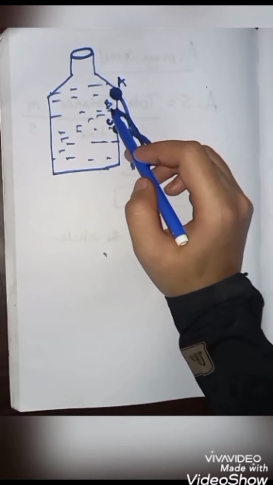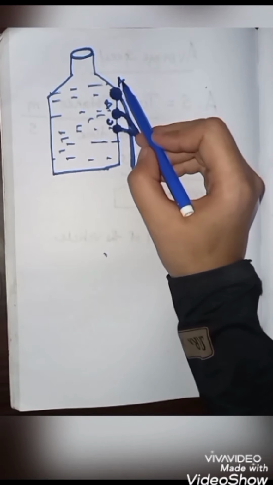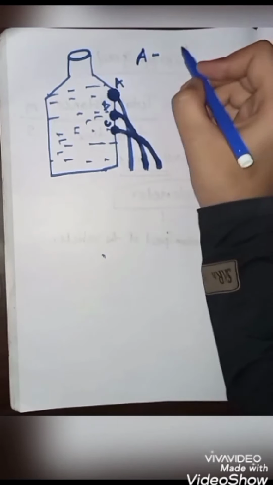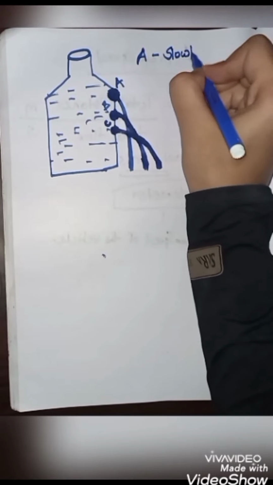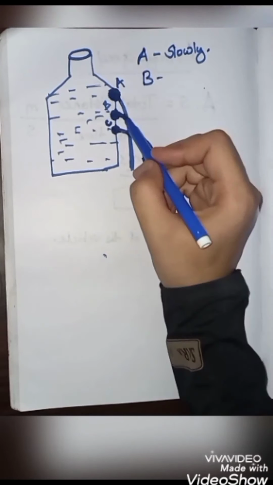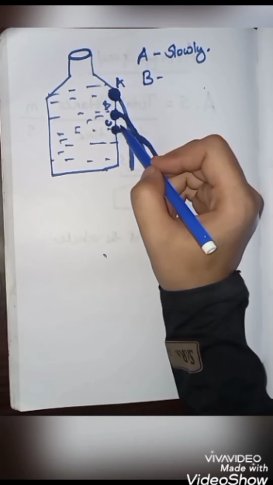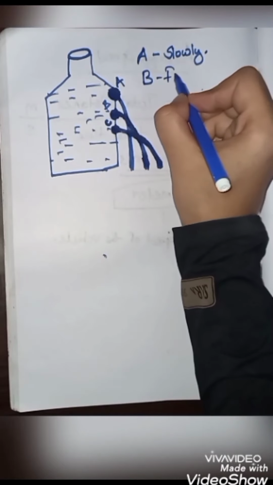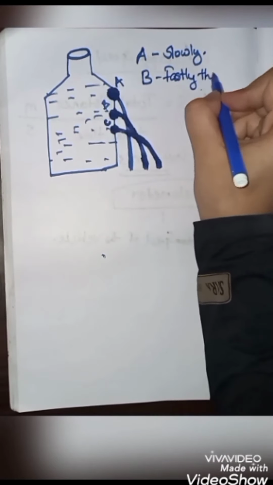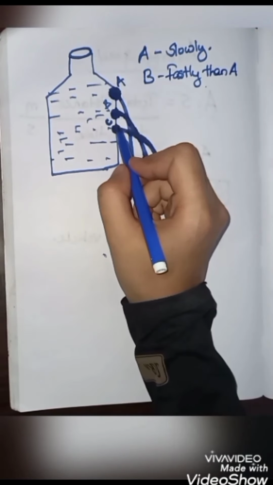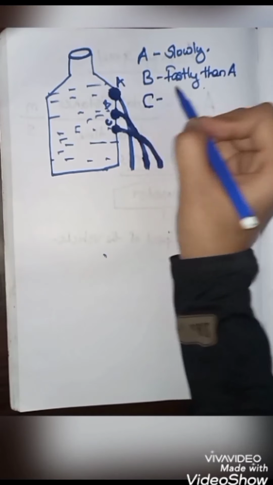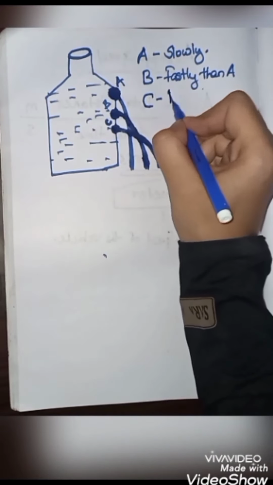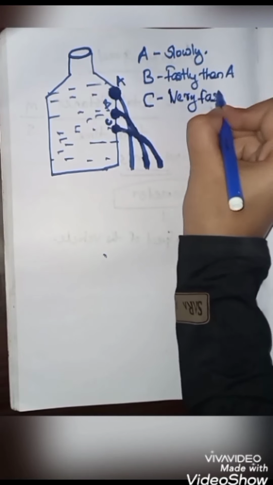From these 3 holes A, B, C, we can see that at hole A, the water flows slowly compared to B and C. At B, the water flows somewhat faster than A, but slower than C. At hole C, the water is flowing very fast.